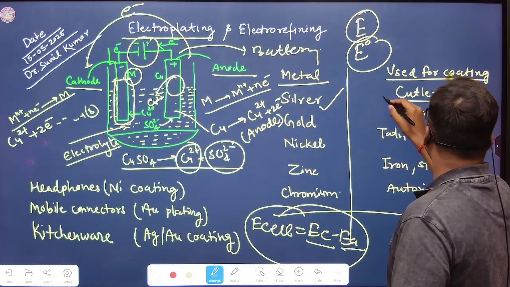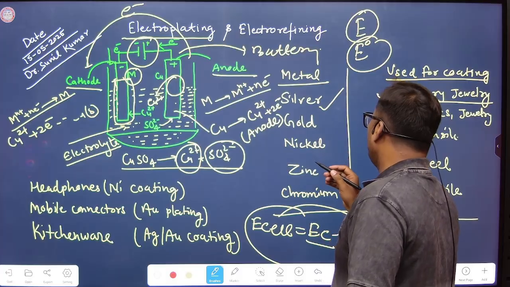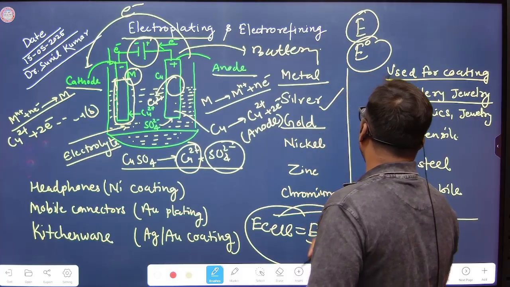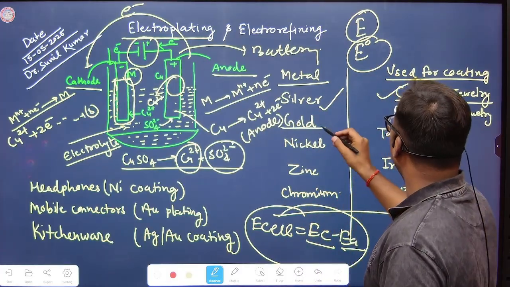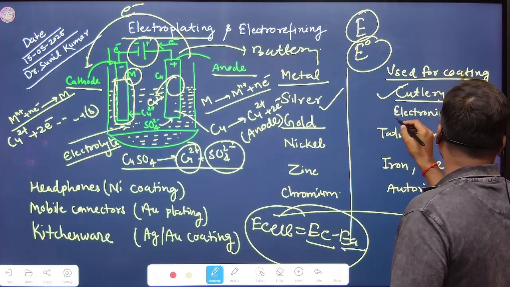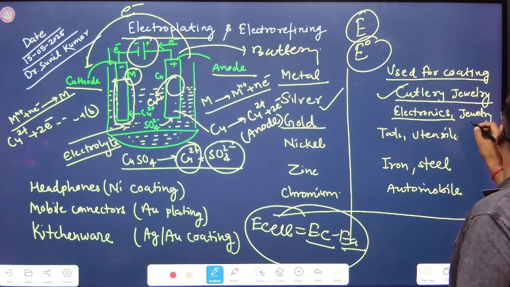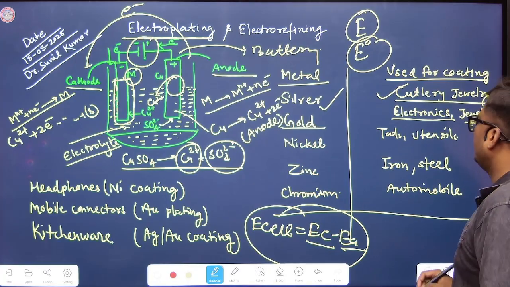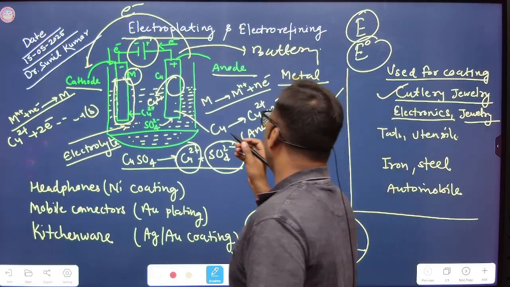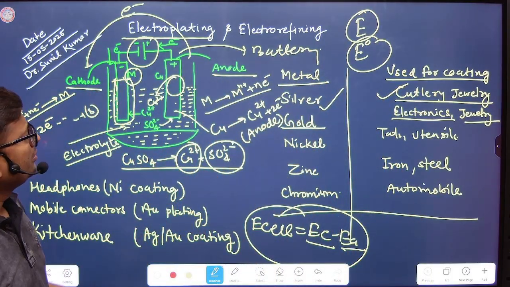So this is the cutlery jewelry. Now another one, if you want to deposit gold or coat gold, it is for some electronic devices or simply jewelry. Then the gold electroplating process must be performed, right?